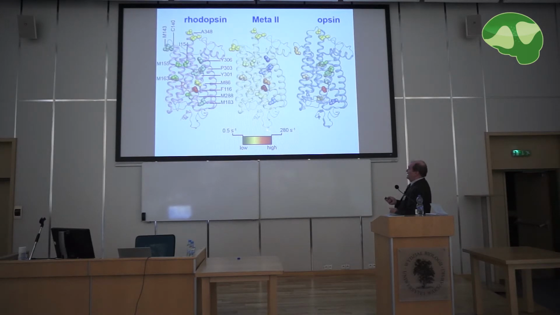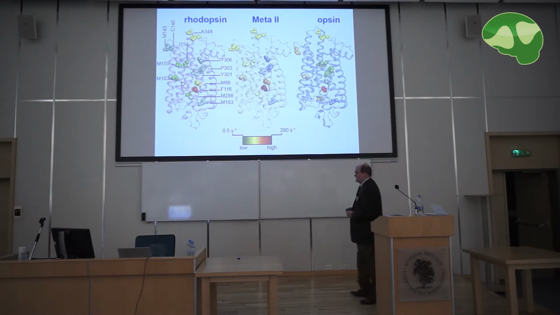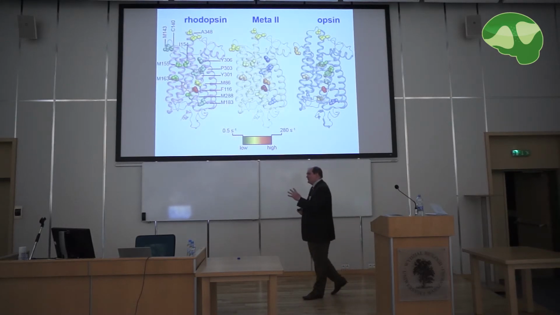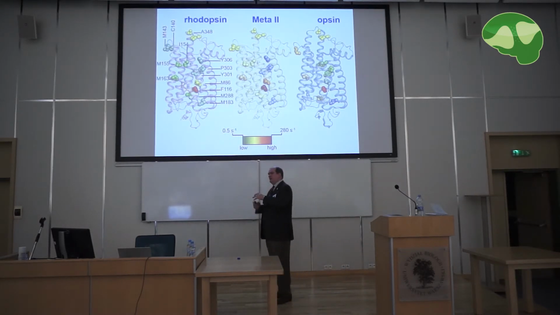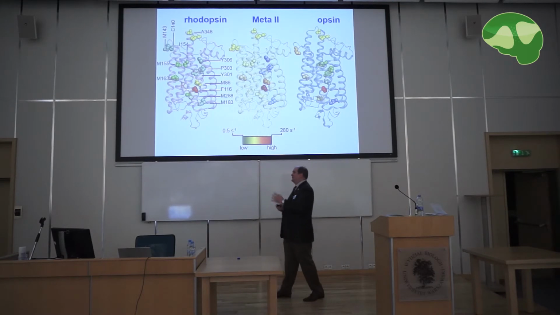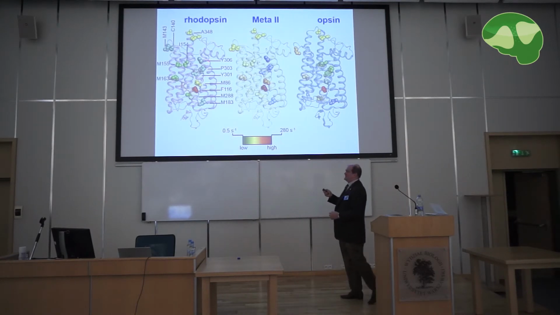And then we go to meta-2 rhodopsin again, we can determine the rate, we can color code them, and then finally we go to the opsin molecule, which doesn't have a chromophore. So water is really the signaling molecule that changes its conformation, leading to activation of the cytoplasmic surface.